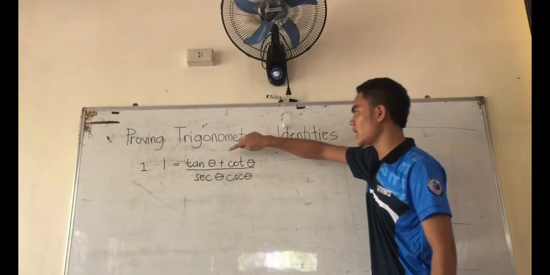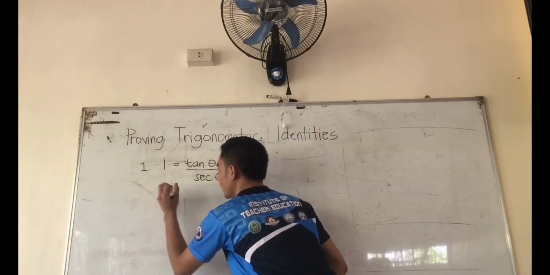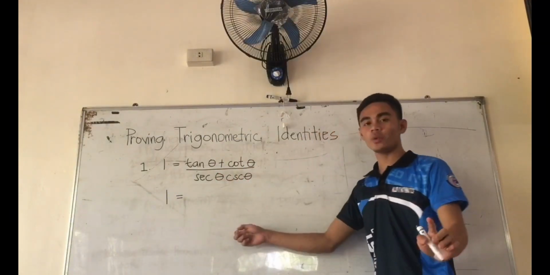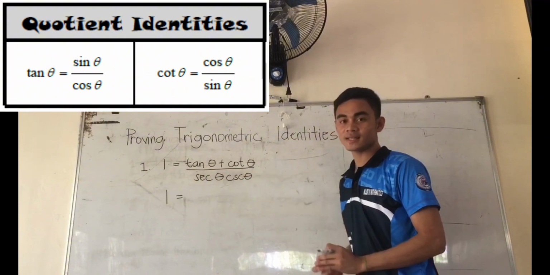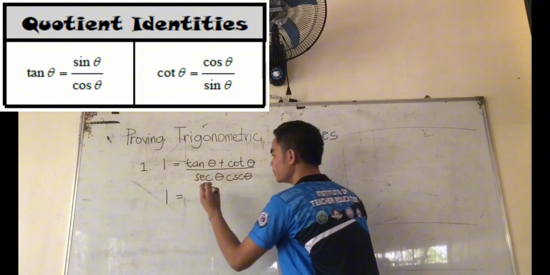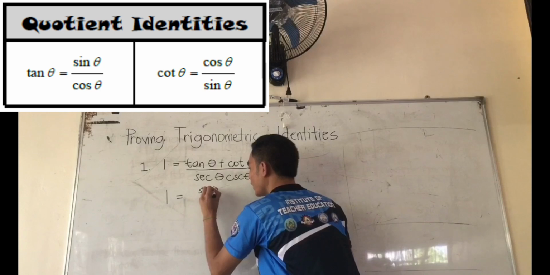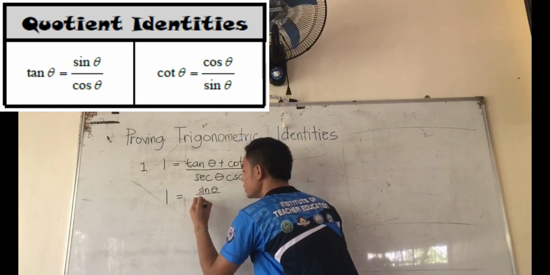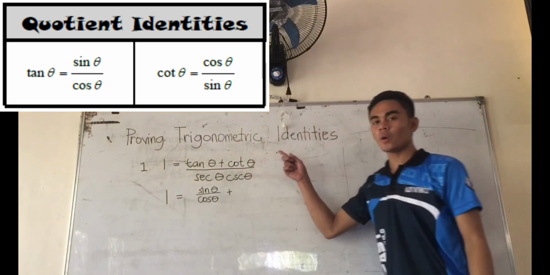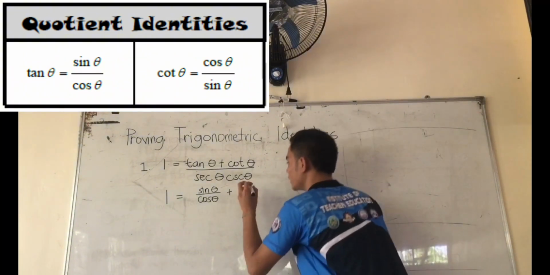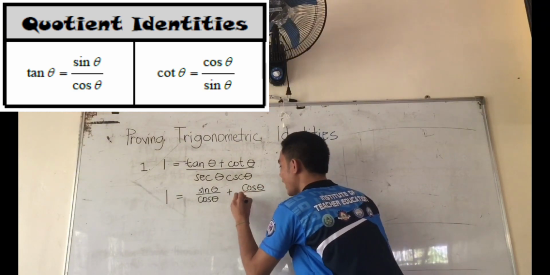So now we are going to see which is the most complicated side of this equation. So this is the most complicated. So copy 1, and we always remember that the quotient identity of tangent theta is sine theta over cosine theta, plus the quotient identity of cotangent theta, which is cosine theta over sine theta.